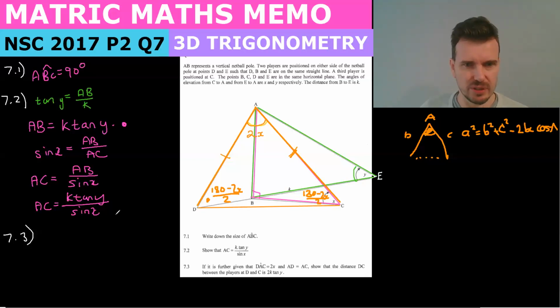Okay, so we know that DAC equals ACD, and that is angles opposite equal sides. Angles opposite equal sides.